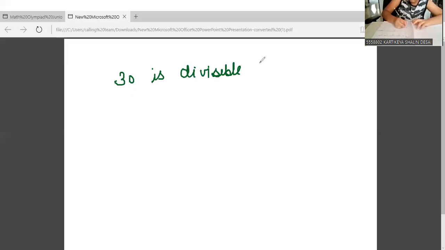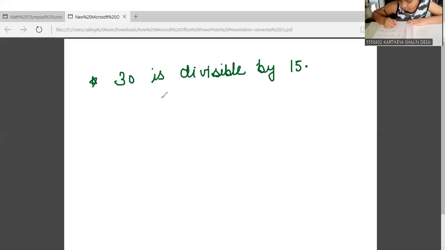Okay. So you will write that 15, sorry, once again, let us take 30. 30 is divisible by 15. That we know. Is it a right statement that 30 is divisible by 15? Yes.